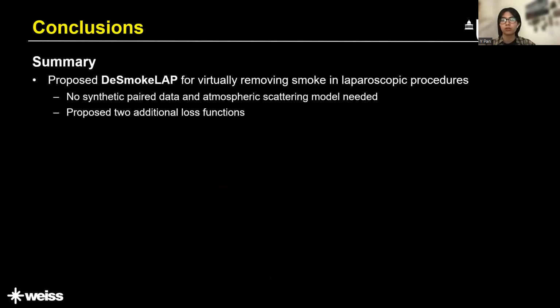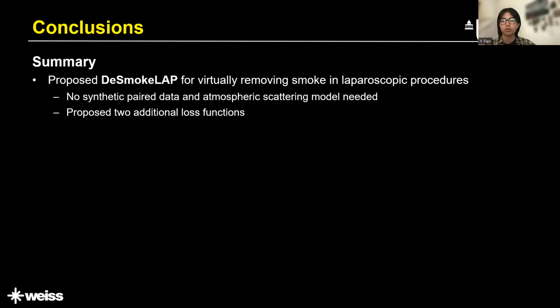In conclusion, we propose a method for virtually removing smoke in laparoscopic surgery to solve the visibility problem that occurs during robot-assisted surgery. Unlike existing image dehazing methods, DeSmoke-LAP does not rely on synthetic paired data and an atmospheric scattering model.